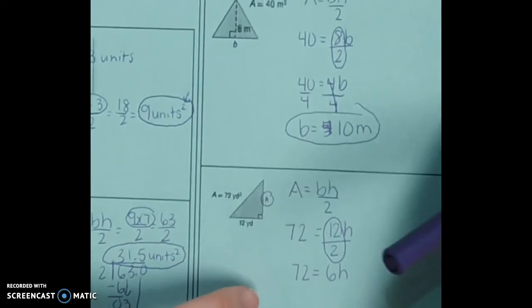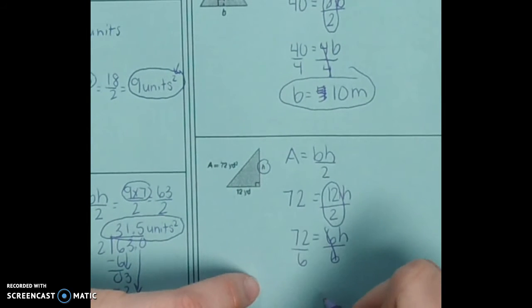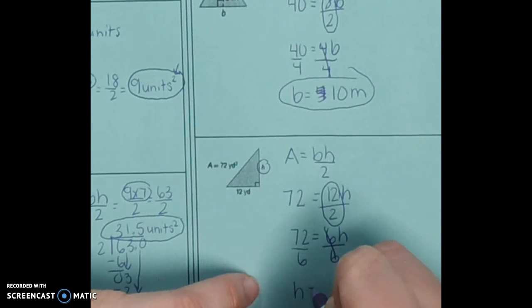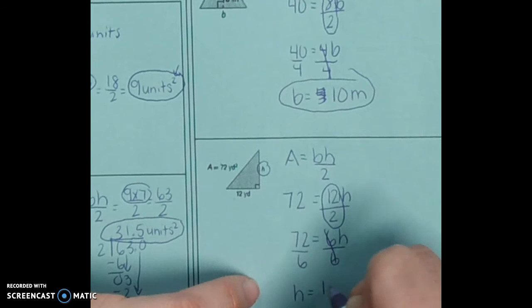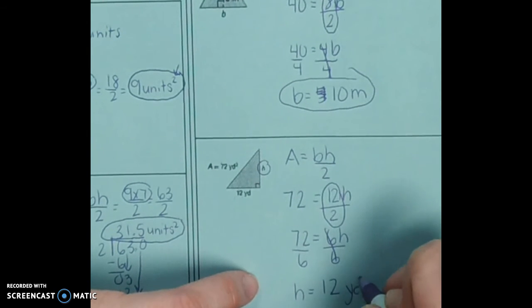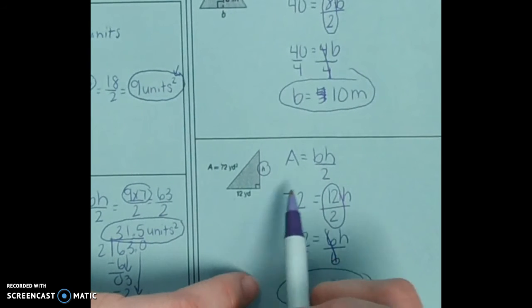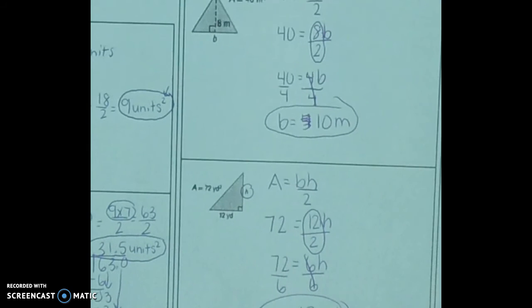And then the opposite of multiplying by 6 is dividing by 6. And 72 divided by 6 is 12. So we get 12, and then our yards for our label. And it's not squared because it's only one of the dimensions, it's the height. We only square it when it's area.